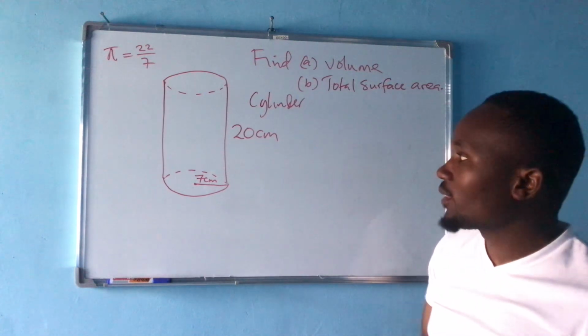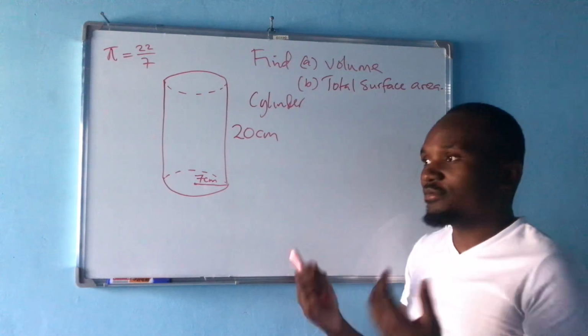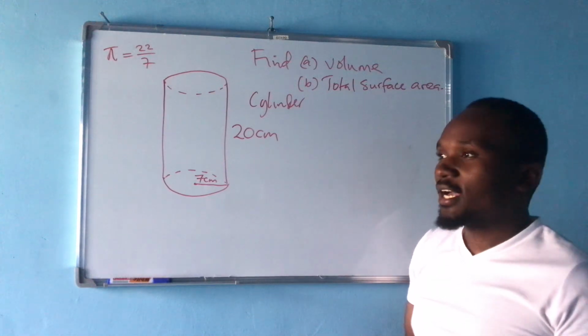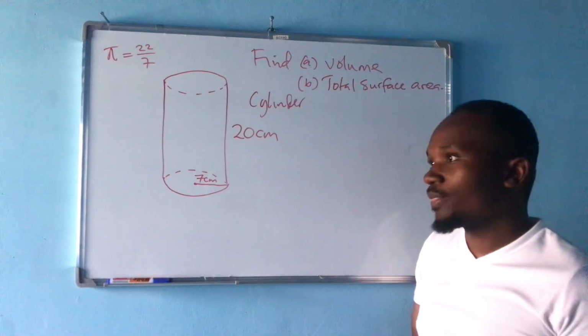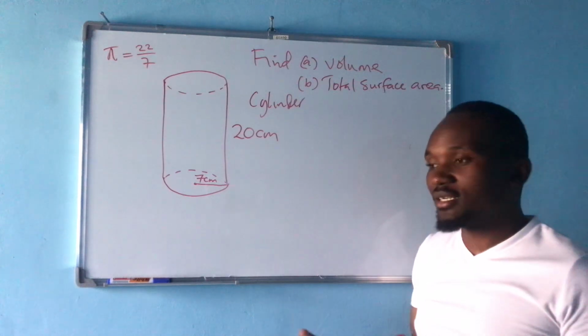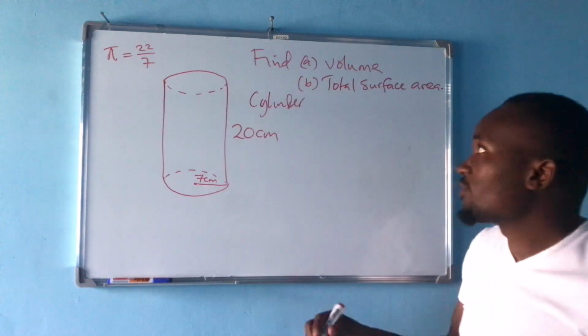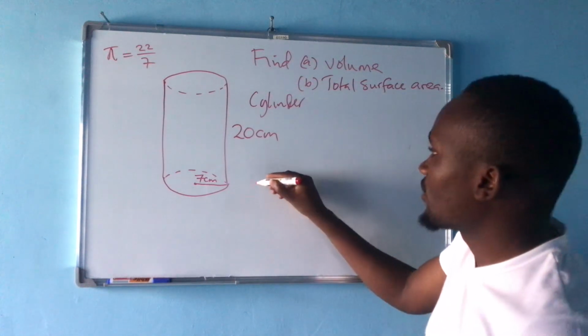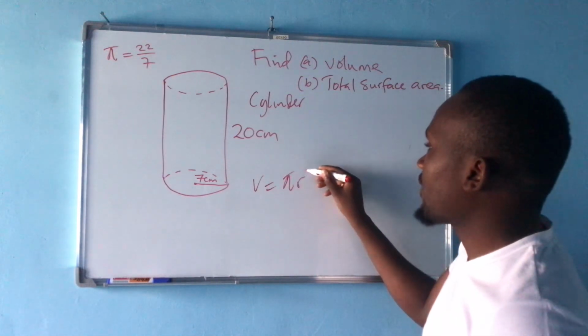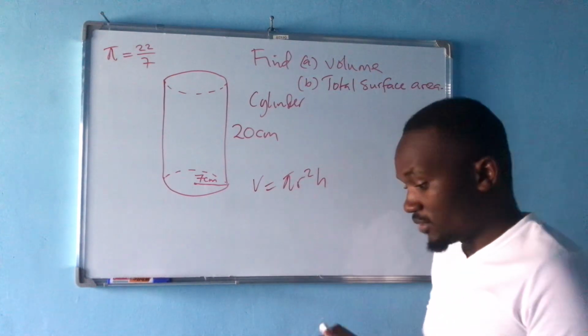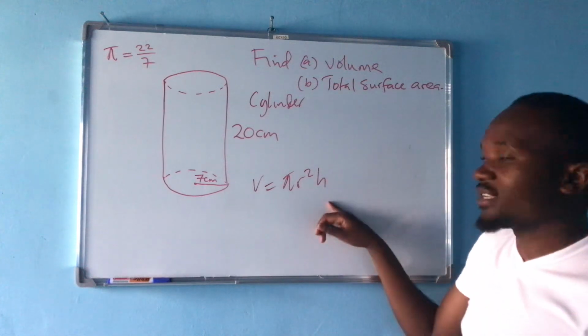To begin with, you need to know the formulas you need to use in order to find the volume or the total surface area. So I'll write the formulas first. The formula for volume equals pi r squared h. This is when you're finding the volume of a cylinder.